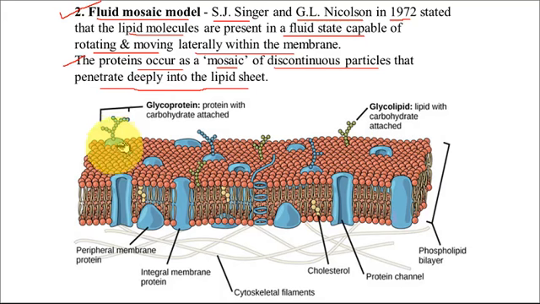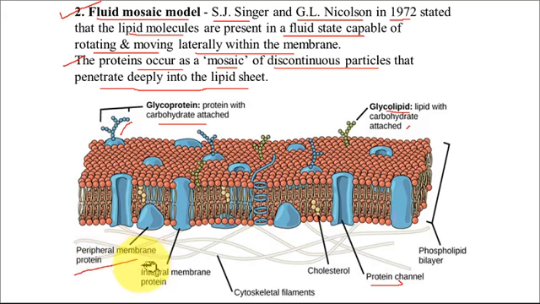In this picture you can see glycoproteins, the proteins with carbohydrate attached to them. And here glycolipids are there, the lipids with carbohydrate attached to them. And here you can see different protein channels. Channel proteins are there. Then peripheral membrane proteins are there.